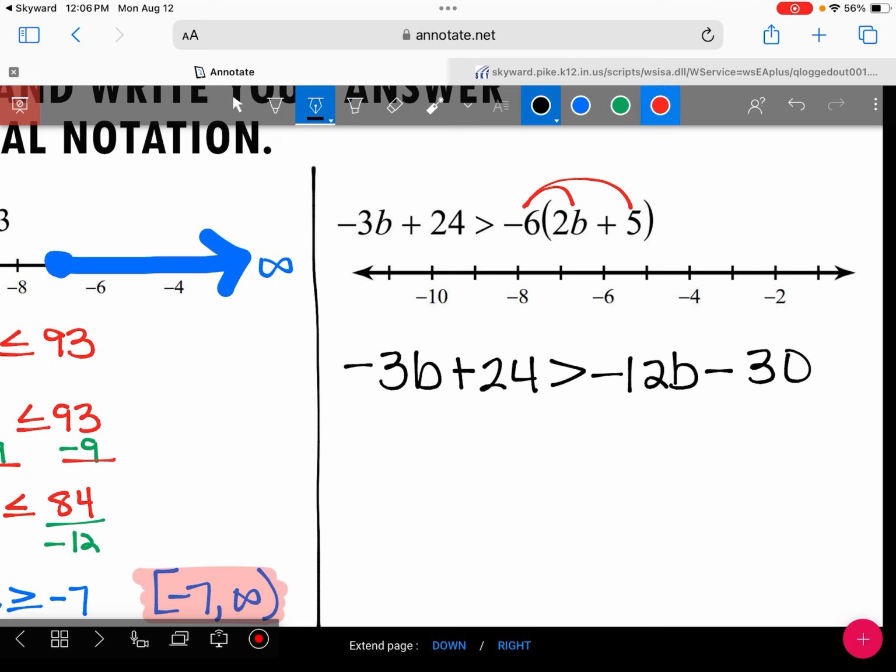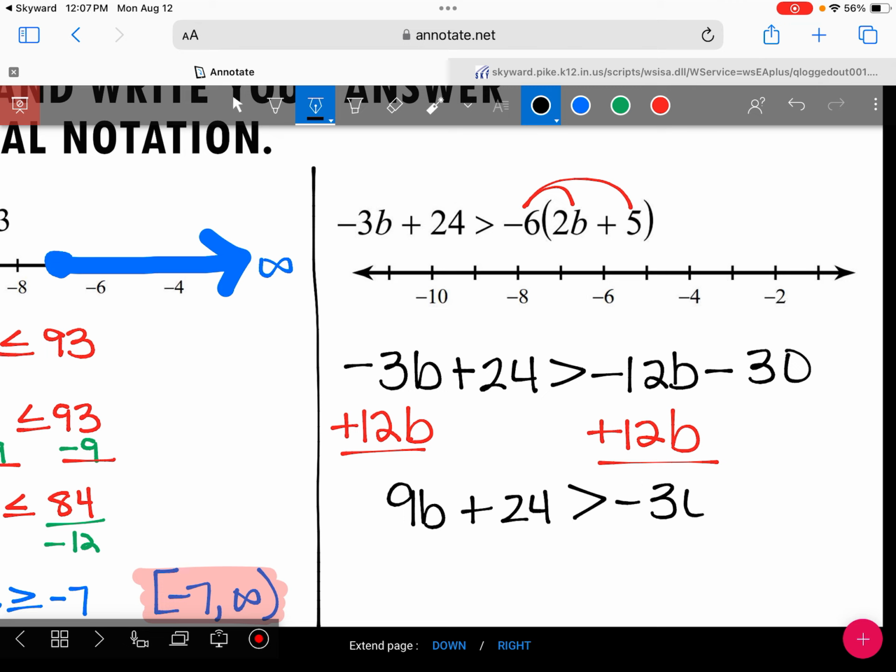Okay, well, you could do it either way at this point, but for an inequality, I like to keep my variable on the left, and I'll explain why in a minute. So I'm going to add the 12b, which is going to give me 9b plus 24 is greater than negative 30.